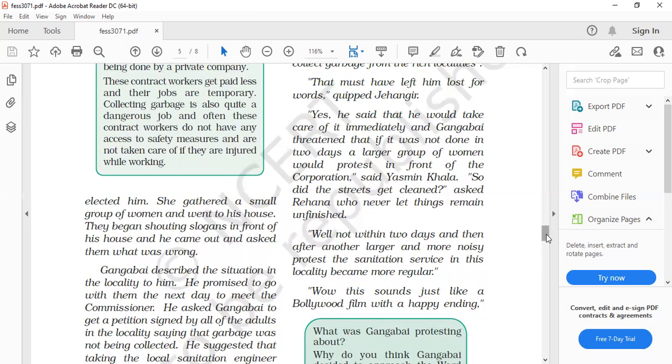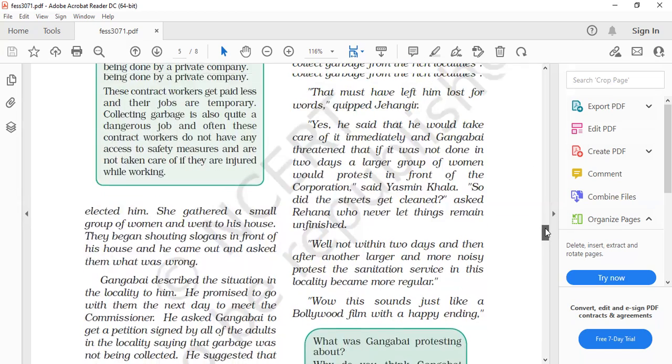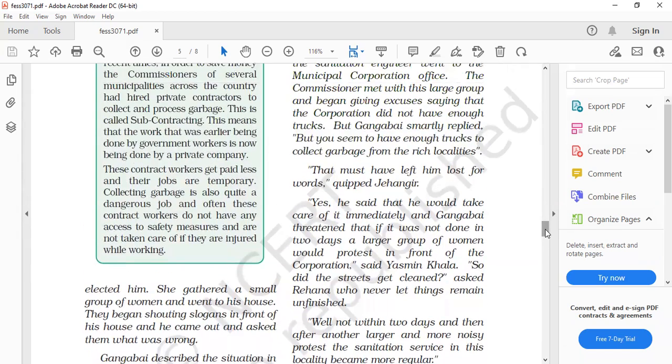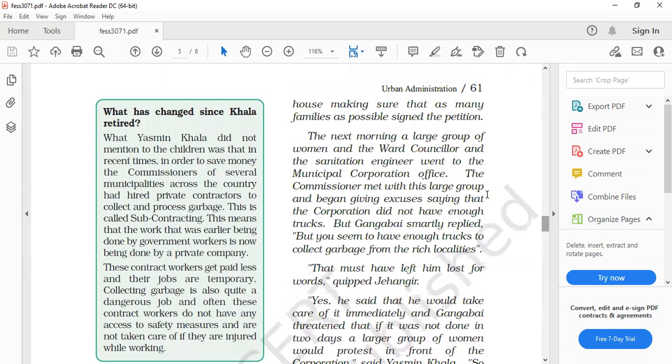Again, we will go back here. Actually, we missed these things right here. So what do you mean by subcontract? Here you can see the subcontracting. Read this, it will help you, and see how they solved the problem.